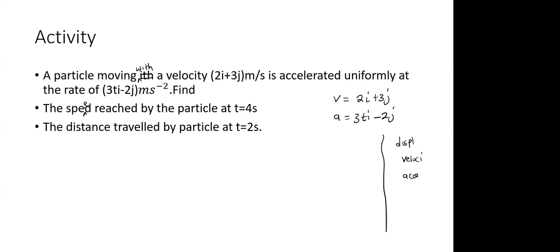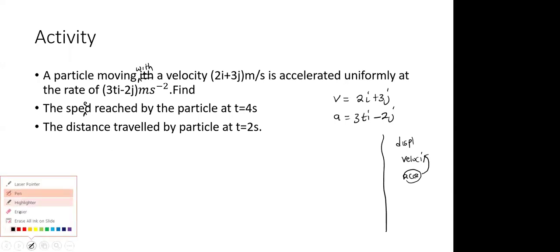Now, in order for me to obtain speed, I will need to have velocity. So what does it mean? It means when I have acceleration, I can integrate it to obtain my velocity. That is the first thing you need to have at the back of your mind. But remember, the velocity they gave you is the velocity the particle was moving with initially.